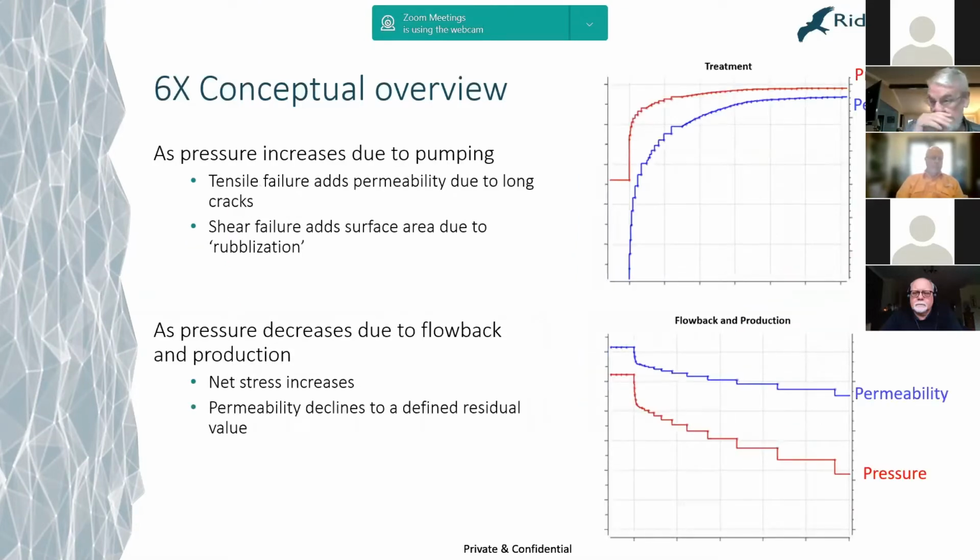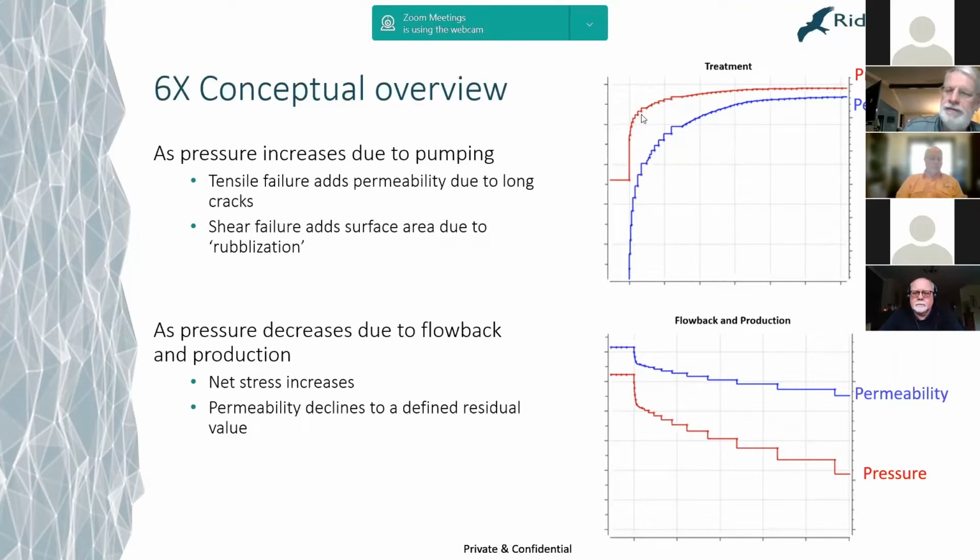So if we look at a single point somewhere in that SRV, we can plot the pressure against the permeability. This red line here is our pressure. It starts off at whatever the initial pressure is, and then it rises abruptly when we start pumping the fracture.